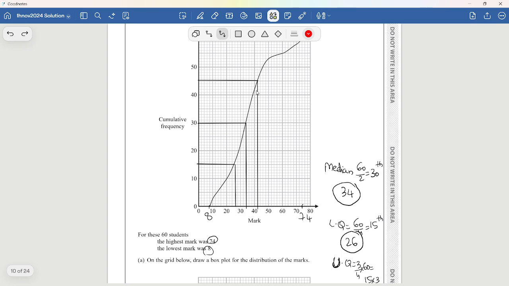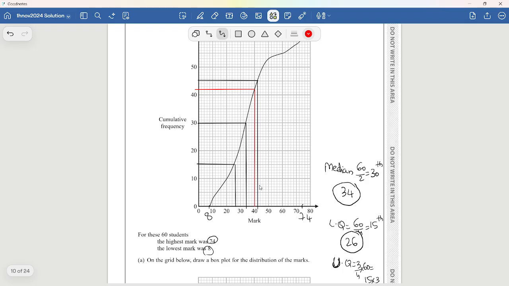Okay. So if I draw a line all the way till the graph at 40 on the x-axis, then its corresponding y value will tell me how many students have scored 40 and above. So its corresponding value here looks like it's 42.